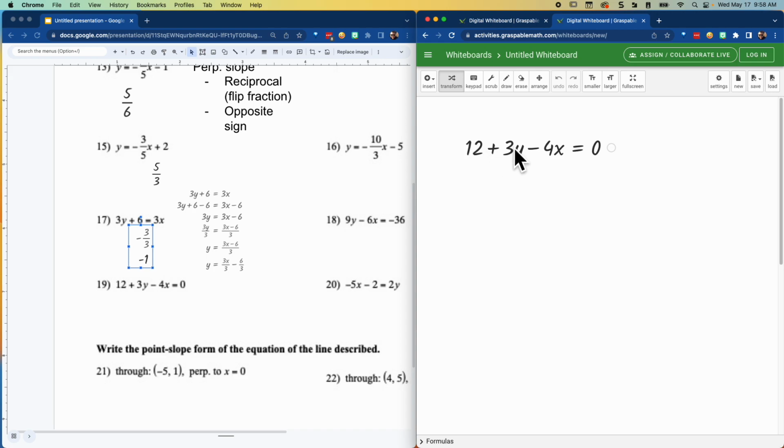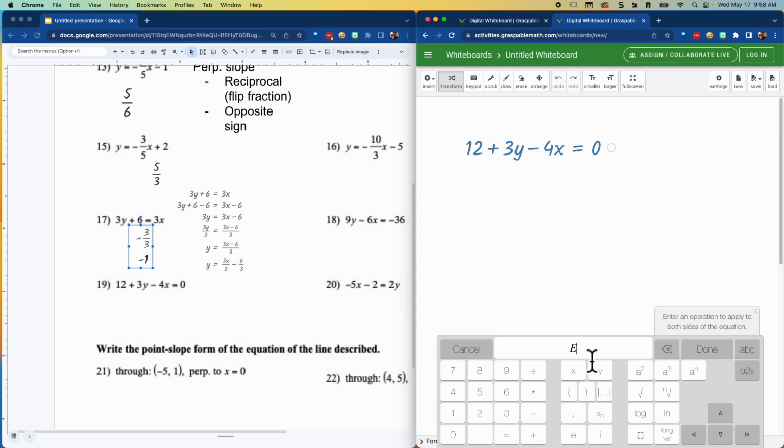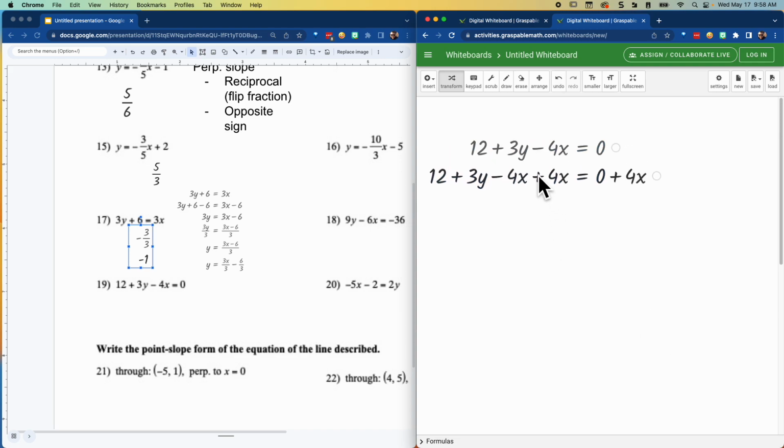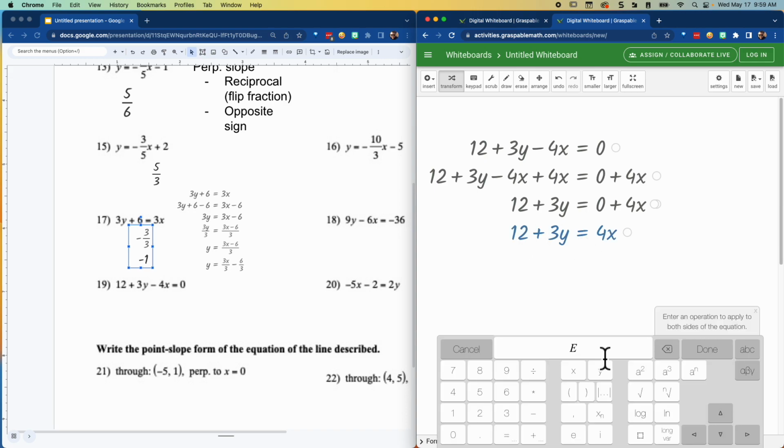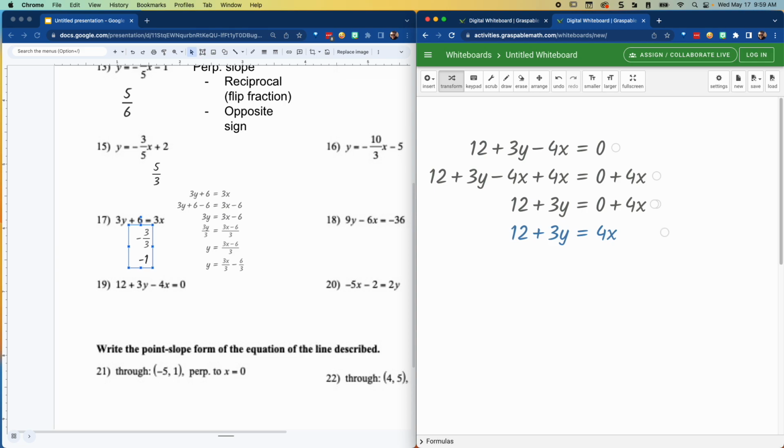And if I'm looking at this, I want to get y by itself. I'm going to first add 4x to both sides, and that will give me a plus 4x on this side, but only a 12 plus 3y on the other side. Then I'm going to do a subtract 12, and that will make this side just 3y.